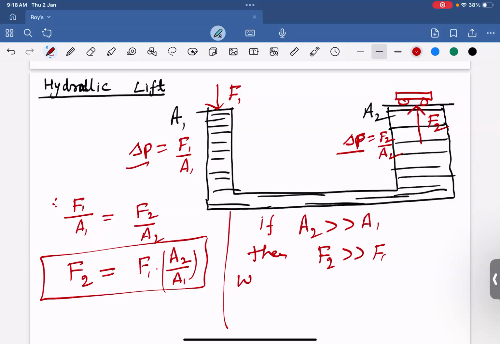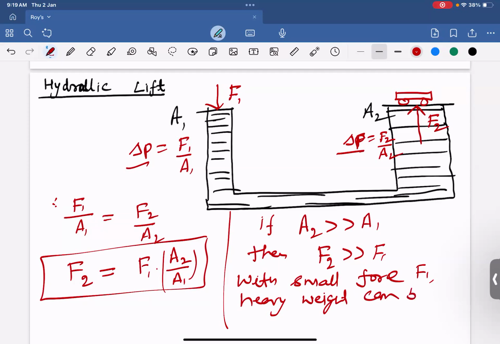That means with a small force F1 applied, a big car or heavy material can be lifted by F2, because F2 will be increased.